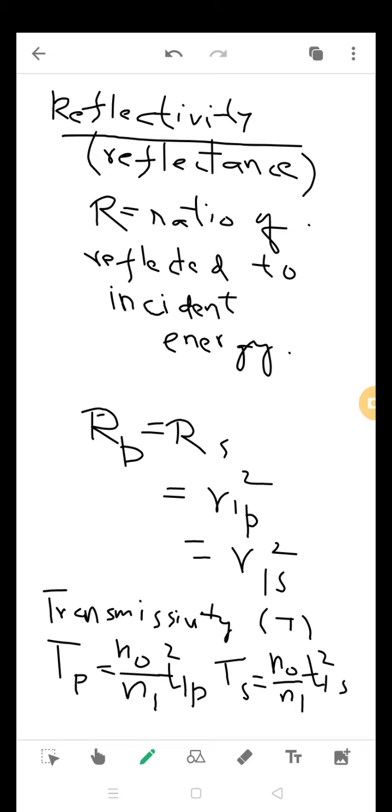However, in this case Tp may not be equal to Ts because the transmitted and incident directions may not be the same.